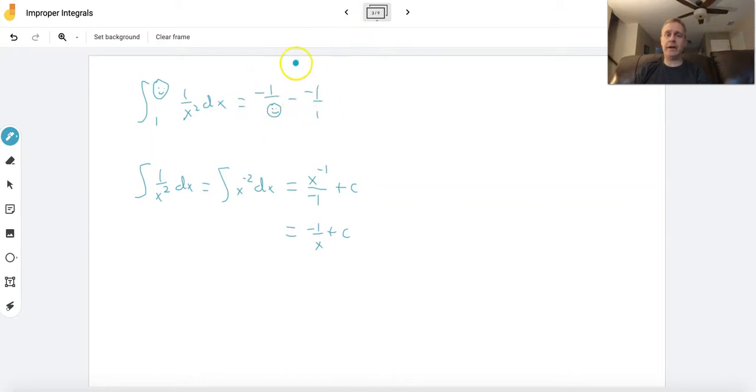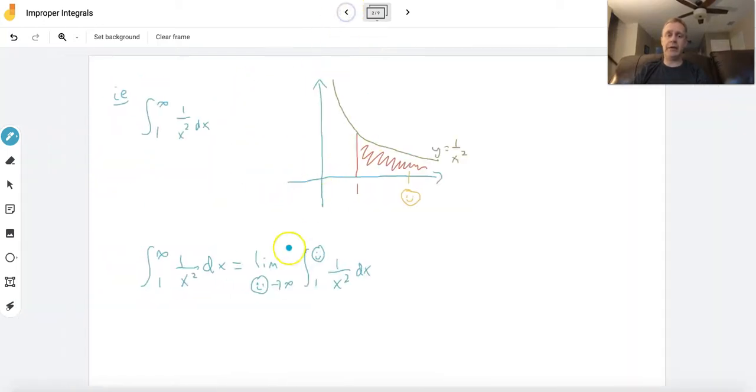I'll plug this value into our expression and carry forward the limit. The value of our definite integral was negative 1 over Mr. Smiley Face plus 1, and now the last thing to do is to evaluate this limit.